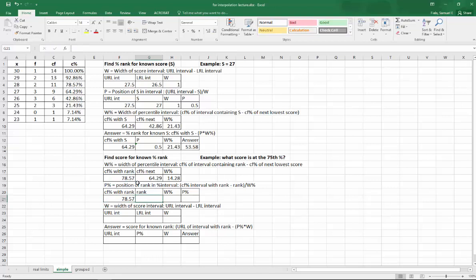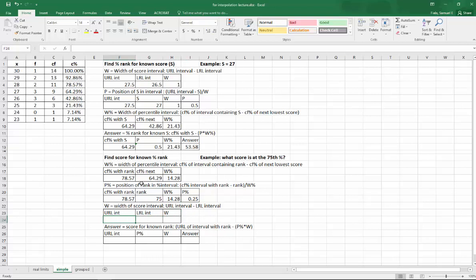We need to know the rank we're looking for, which we said was 75. The width of the percentage interval we calculated was 14.28. So then we just do the math for P, which is equal to, again, I'll do my parentheses, the first one, so the cumulative frequency where it's at, minus what we're looking for, in parentheses, divided by the width of that interval. So how far up or down is it? Okay, it's at 0.25. Cool.